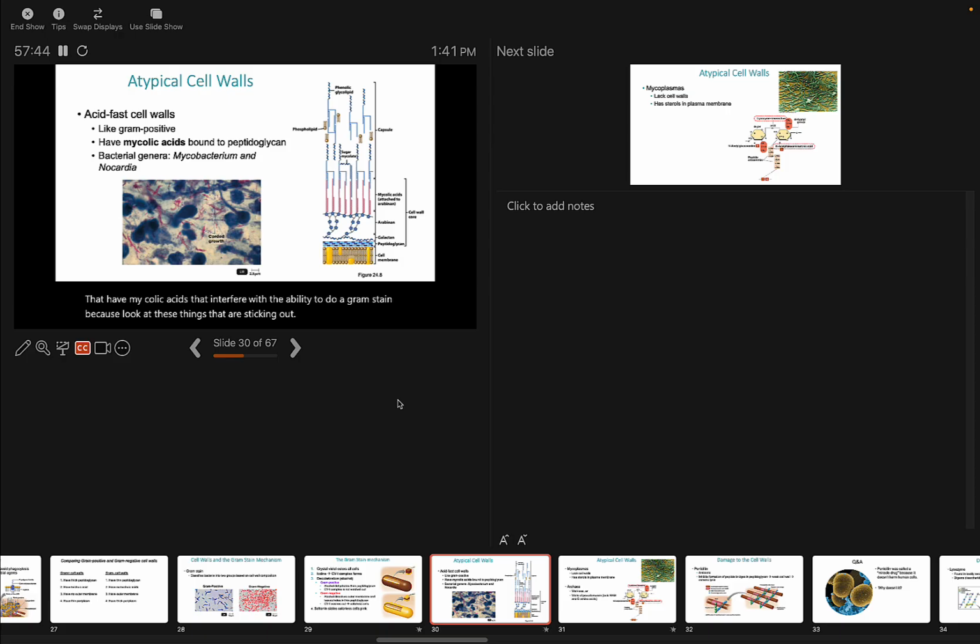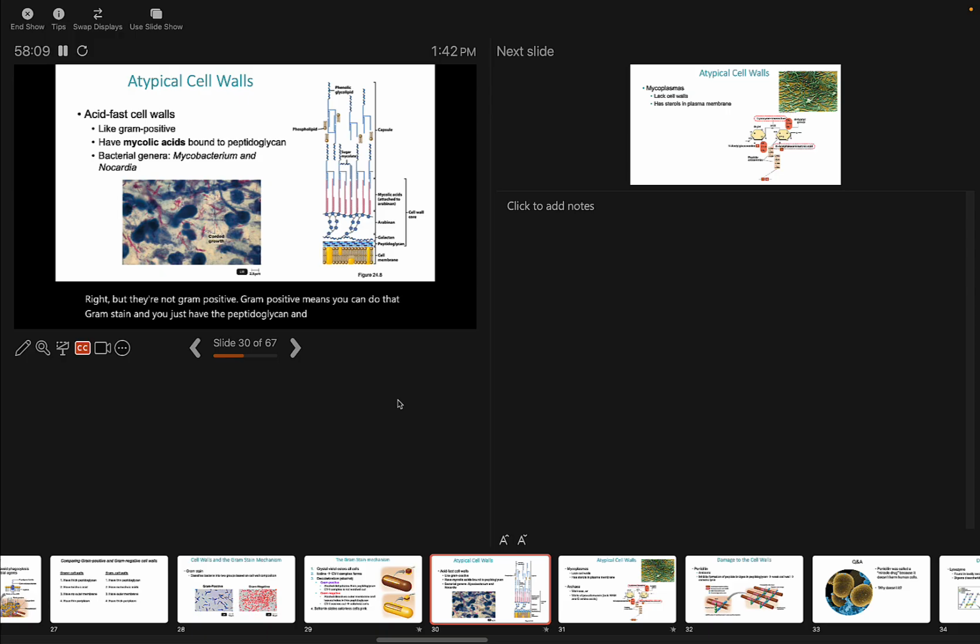This waxy substance. So they still have peptidoglycan. They have a cell wall. It's made of peptidoglycan. They have a single membrane. But they're not gram positive.